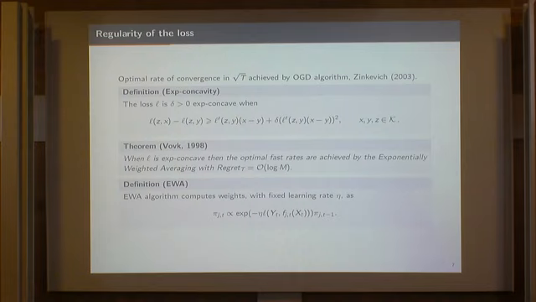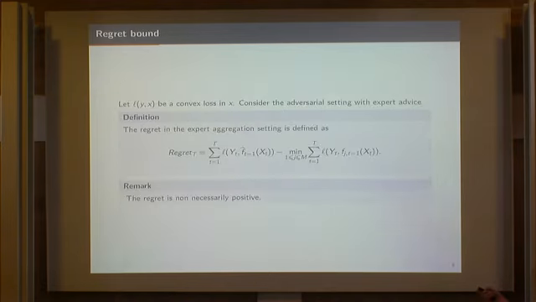Yes, and so if the losses are exp-concave, then it's shown that the exponential weight algorithm of Pierre works very nicely, in the sense that if you design your weights so that they are exponential of minus eta, so eta is the learning rate, times the loss incurred by the expert, then Vovk proves that you have a regret in log M, so it's a constant regret, in the sense that the cumulative losses are bounded through time.